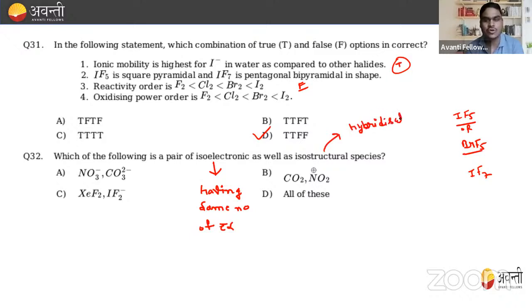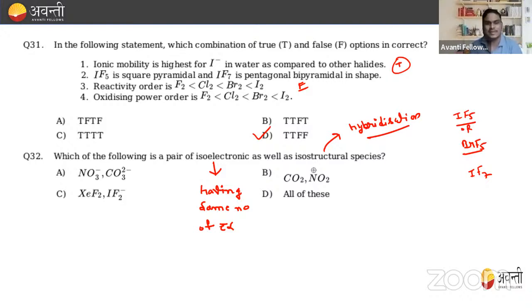A very interesting thing you observe here is that, whether we talk about the number of electrons or their hybridization, all three species, option A, option B, and option C, have the same number of electrons and the same hybridization. So we can say they are isostructural as well.